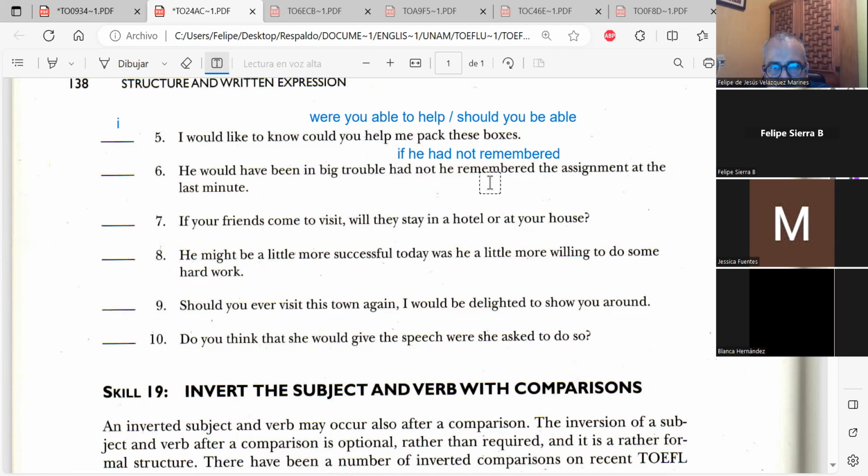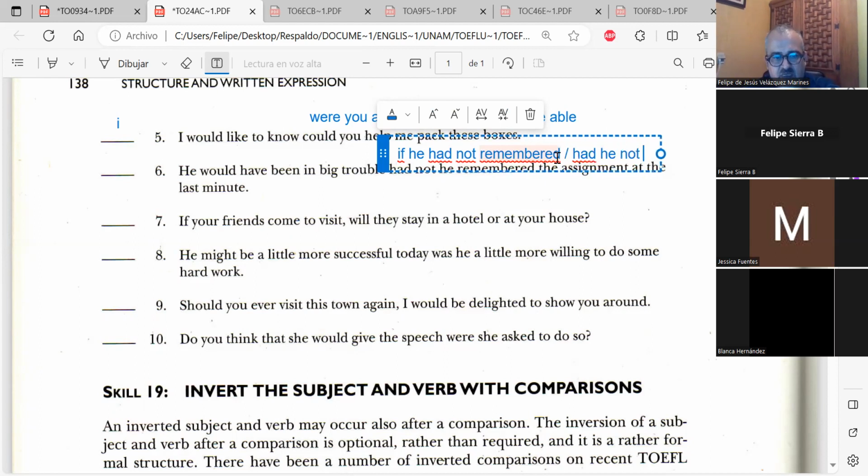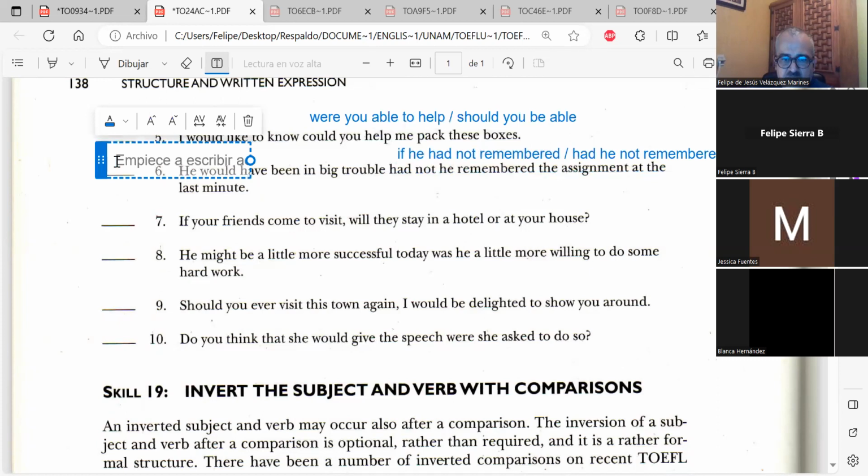So if he had not remembered, then to eliminate if, it is had he not remembered. Yes, this is the answer. So you were right, it's incorrect. Okay, Jesse.